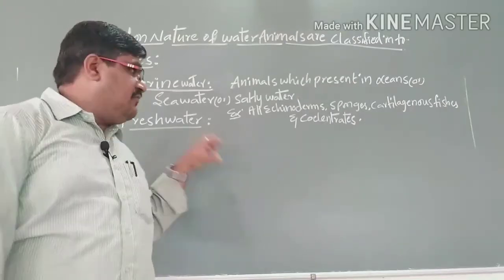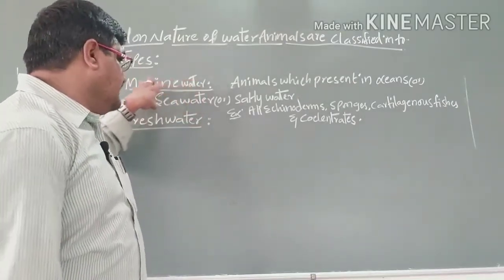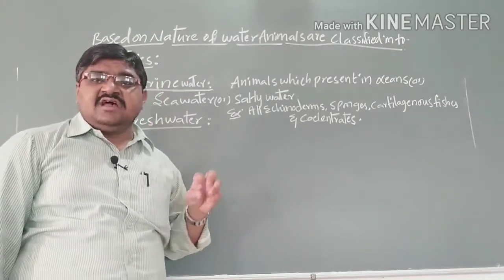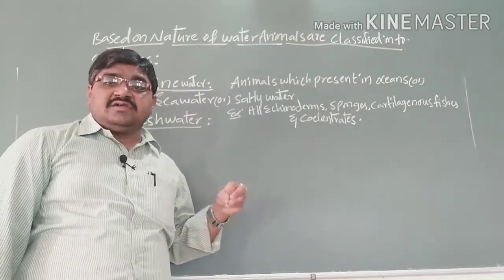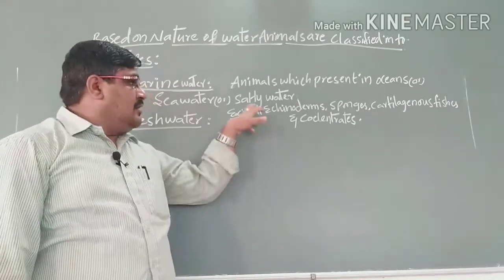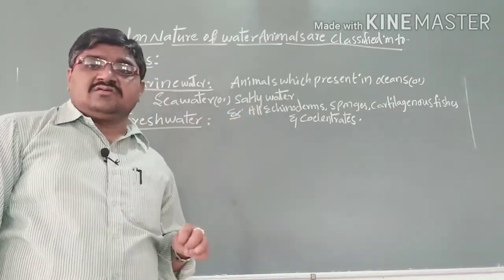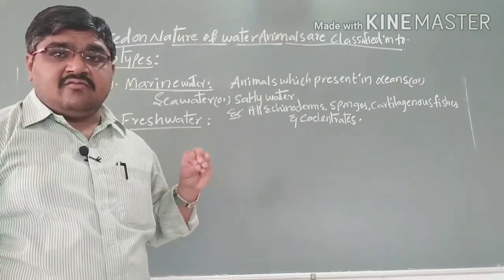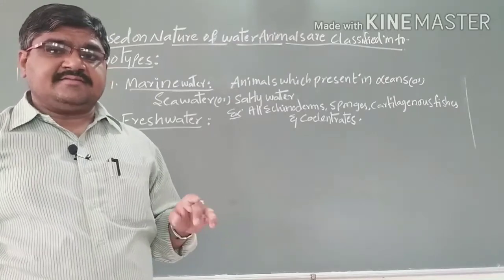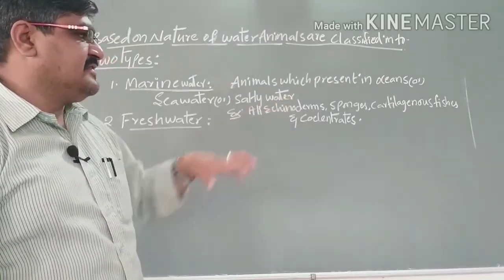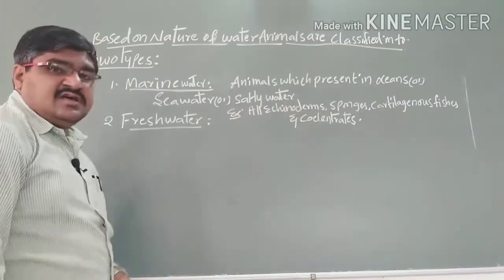Such water we call salty water, sea water, or the oceans. Organisms present in the oceans, seas, or salty water are called marine animals. Example: all echinoderms, sponges, cartilaginous fishes and the coelenterates.